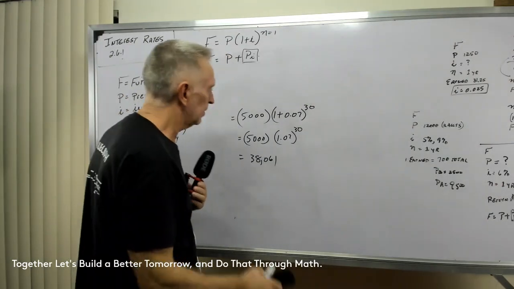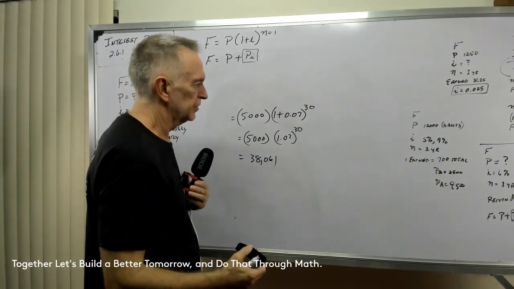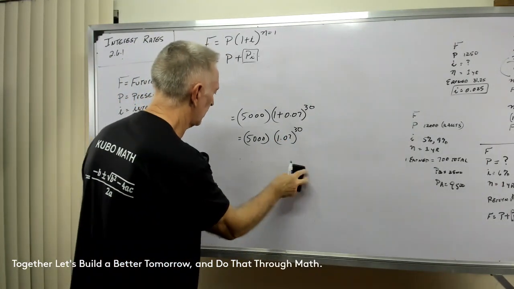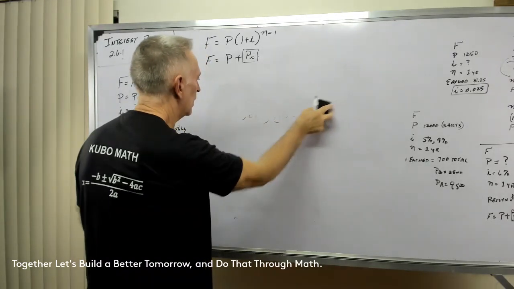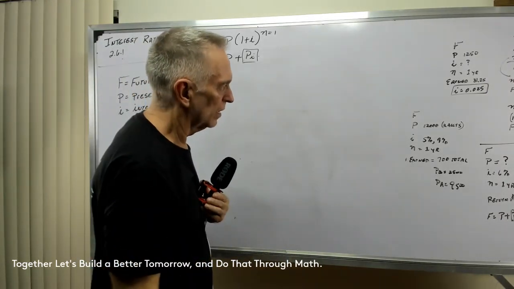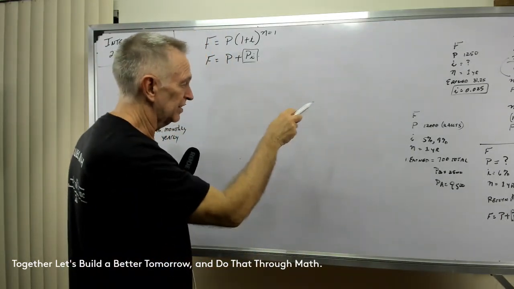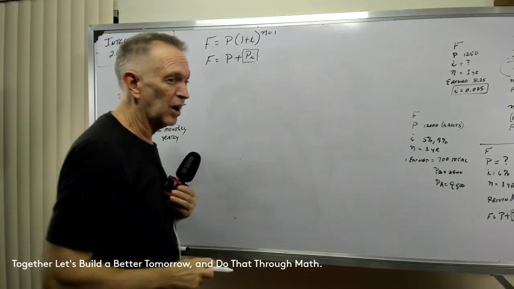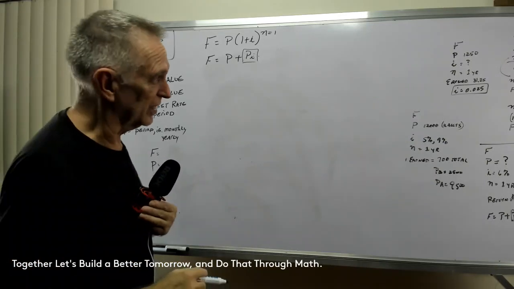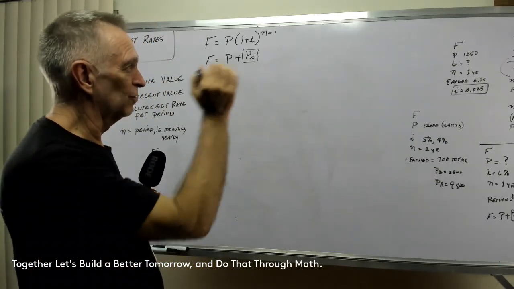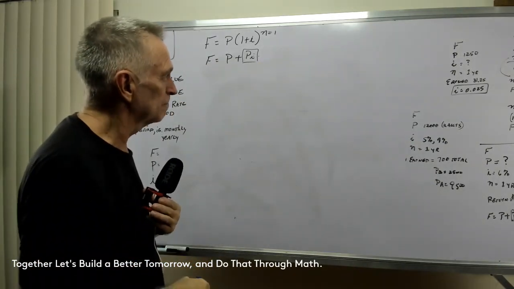The power of interest. It's amazing. Okay. And also the difference in 7% versus that problem we worked earlier at 10%. The money just multiplied really fast at 10%.